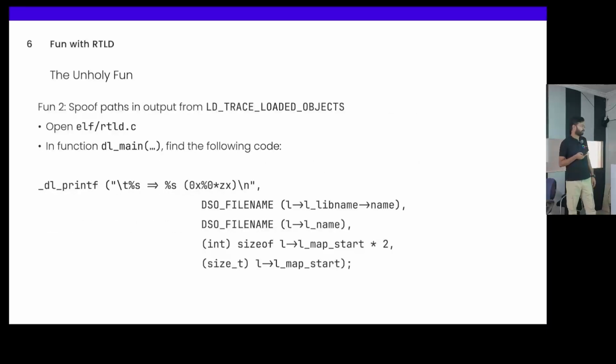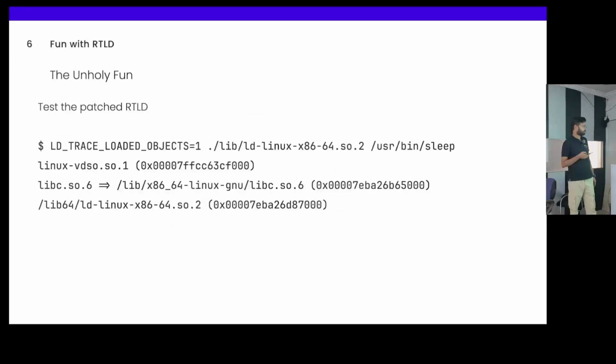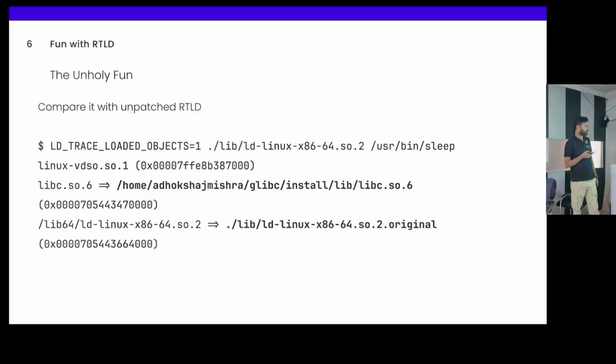So for example, wait, I have given some examples somewhere. Okay, so this is what your ldd tool is doing. So what I am doing here, I patch this and then I see that this is coming from the system location, otherwise it will look like this.